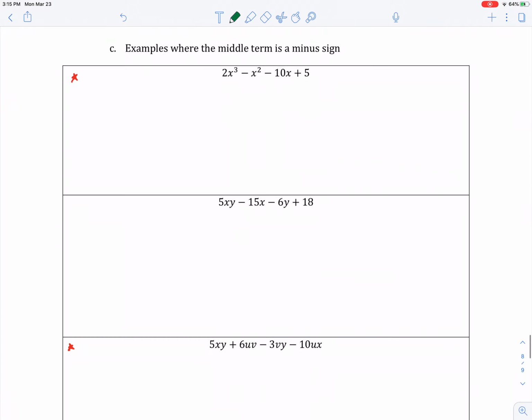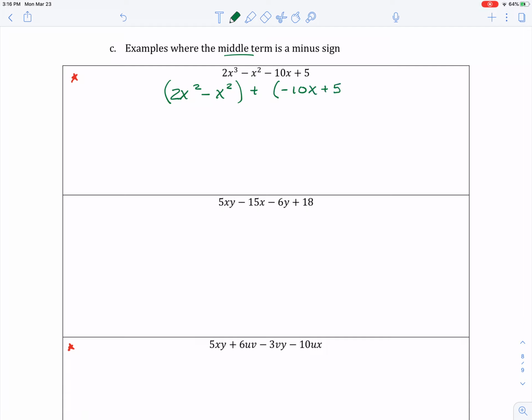Okay, so sometimes you can run into a little bit of a problem with these, with the signs, when that middle term is a minus sign. Here's the way I like to handle it. So again, I looked for a GCF. I don't see one. So I'm going to try grouping.